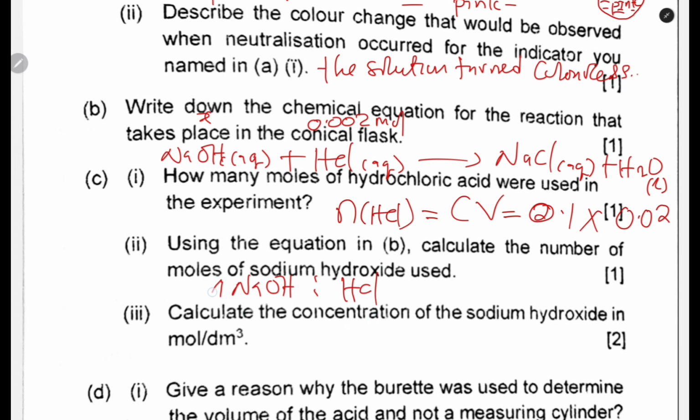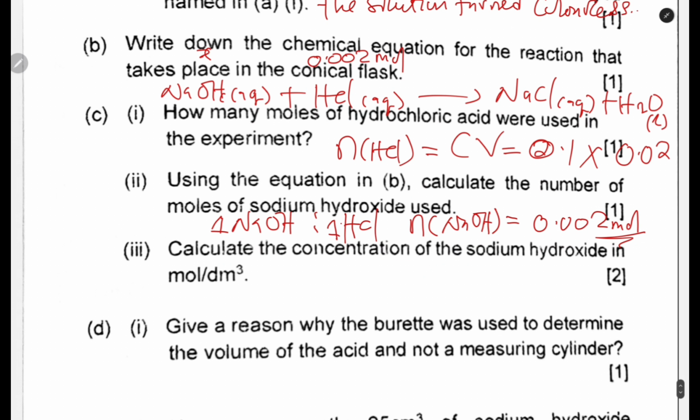Sodium hydroxide is 1, also this is 1. That is the reason why this question was 1 mark, because it's a 1-to-1 ratio. Therefore the number of moles of sodium hydroxide is equal to the number of moles of hydrochloric acid, which is 0.002 mole.